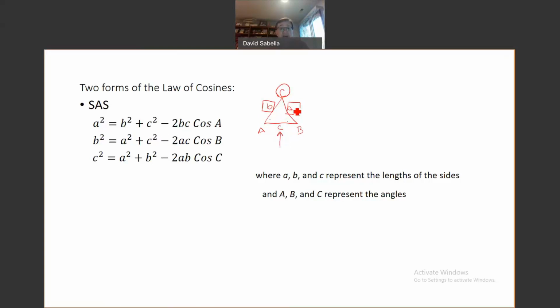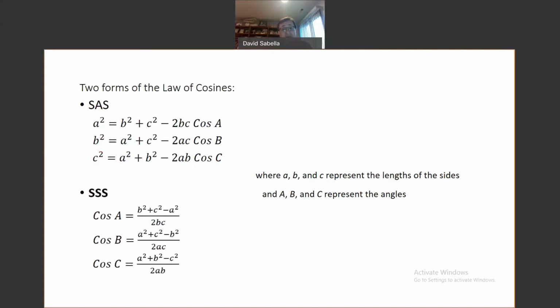Okay, so if we had side A, side B, and angle C, we're looking for, in this case, side C, and we're given side A, side B, and angle C, the three things that we were given. That's how we could use it.